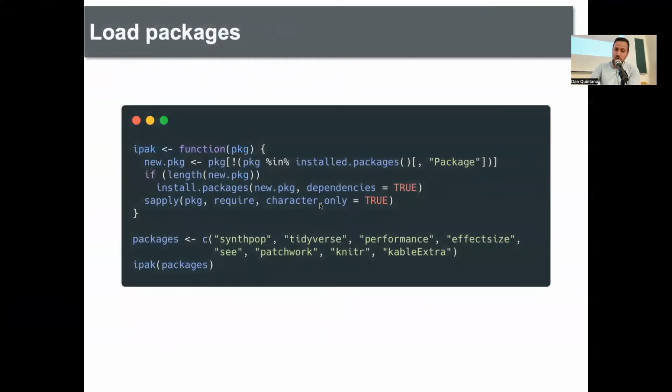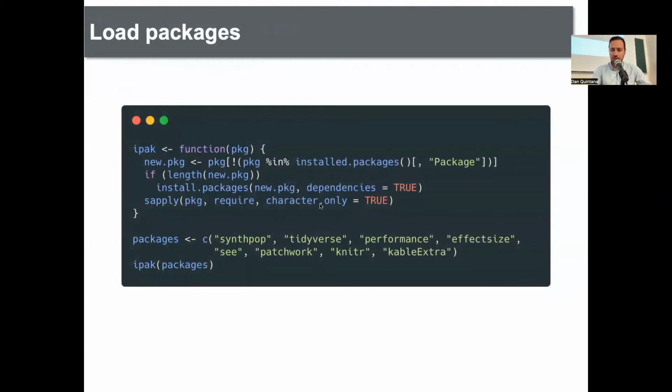First thing we want to do is load the packages that we're going to be needing. This is a cool little function that actually checks whether you already have these packages installed, and if not, it installs them for you. So this is the packages that we're going to need. The main workhorse is, of course, the synthpop package, but a few of the other packages we're going to be using are mainly for visualization. But the main thing we're going to be using is synthpop.